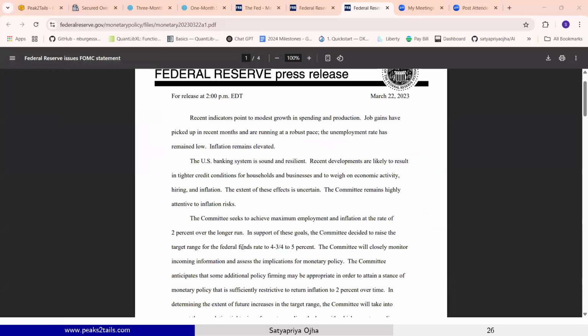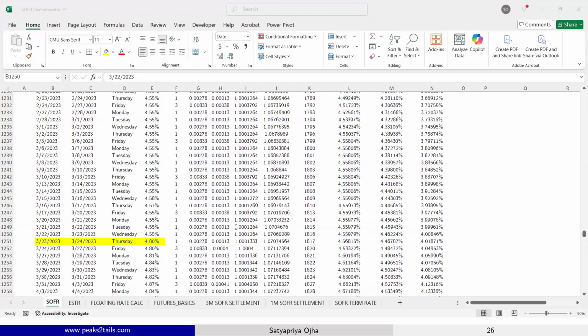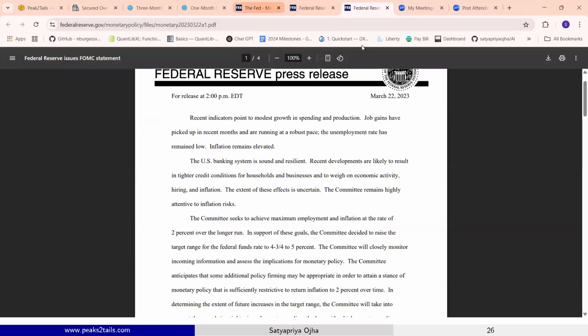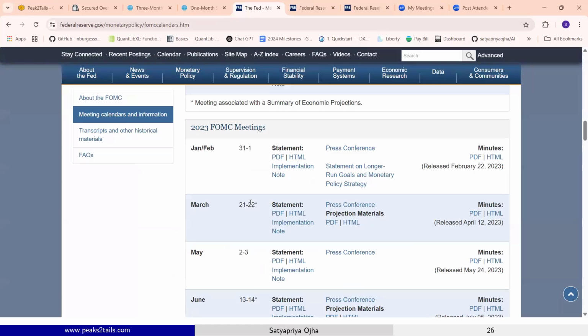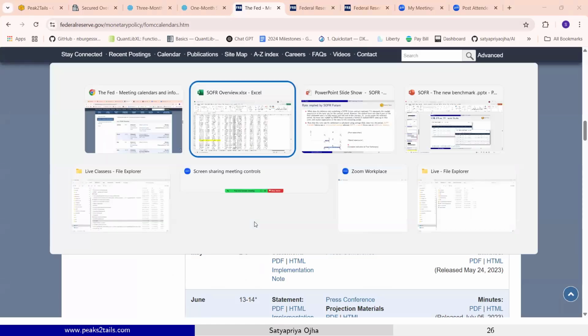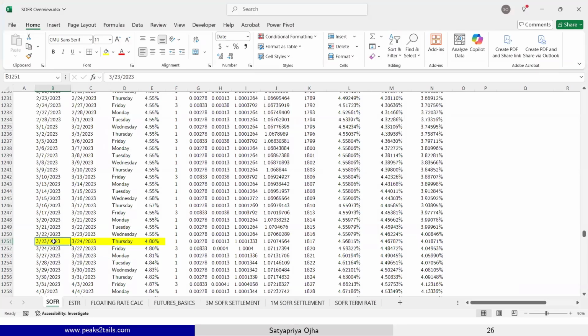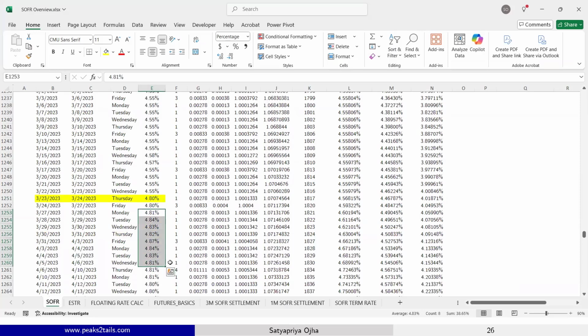So if you go here, which date was it? It was 22nd March, right? So you would see that jump on 23rd. On 23rd of March 2023, from 4.55, there is a 25 basis point jump again. And again, that continued.